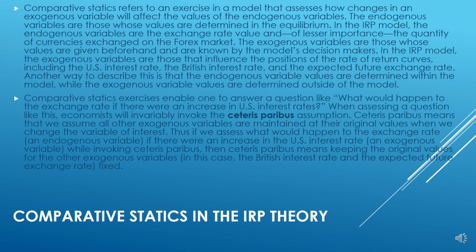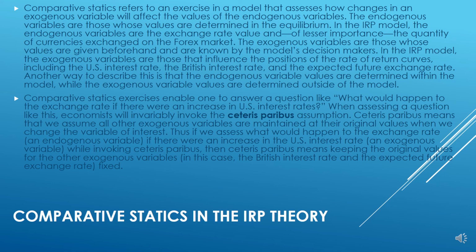Another way to describe this is that the endogenous variable values are determined within the model, while the exogenous variable values are determined outside of the model. So comparative statics exercises enable one to answer a question like what would happen to the exchange rate if there were an increase in United States interest rates.